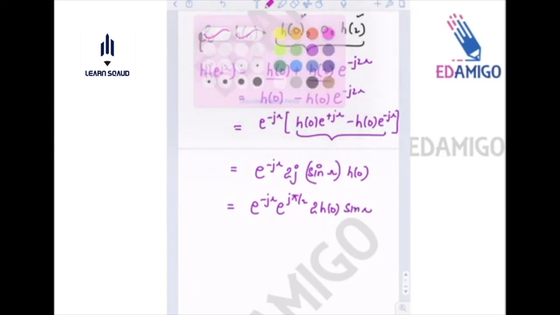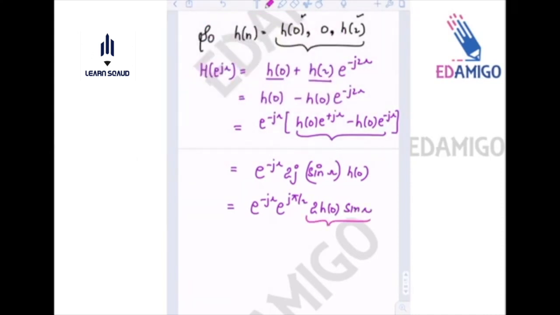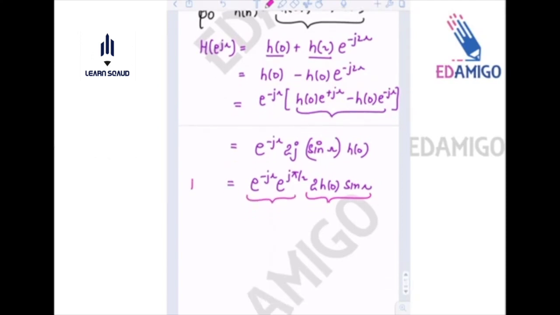So we can see that this is the magnitude part and this will give me the phase part of H(e^jσ). So we can say that the magnitude is 2 times h0 sine of σ and the phase is minus σ plus π by 2.